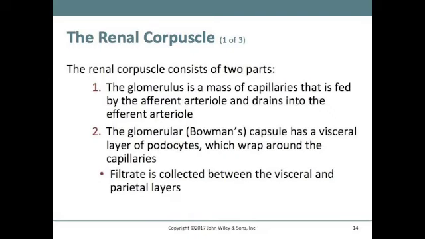The Bowman's capsule is a double-walled epithelial cup that surrounds the glomerular capillaries. Blood plasma is filtered in the glomerular capsule, and then the filtered fluid passes into the renal tubule, which has three main sections. Those three sections are the proximal convoluted tubule, the nephron loop, and the distal convoluted tubule.